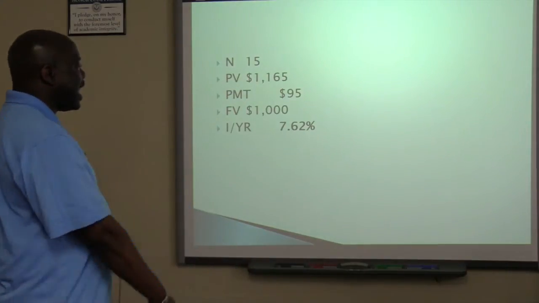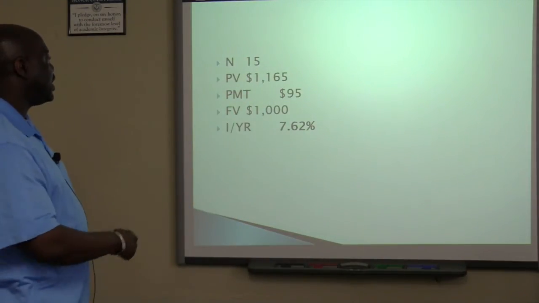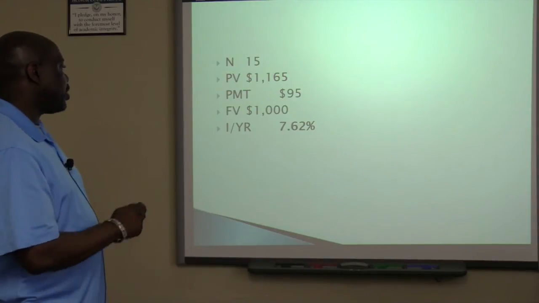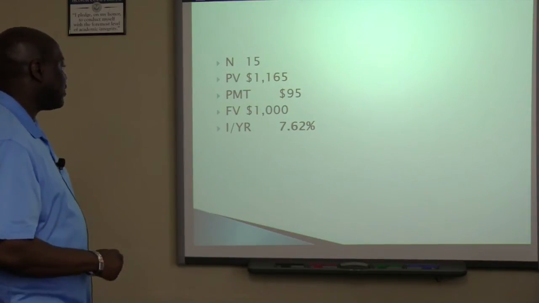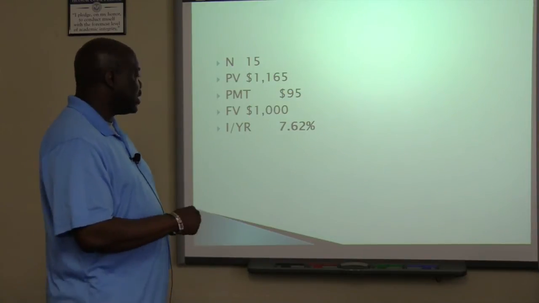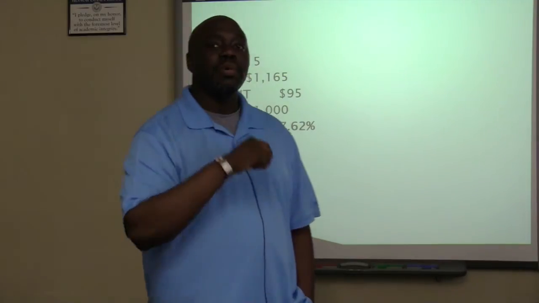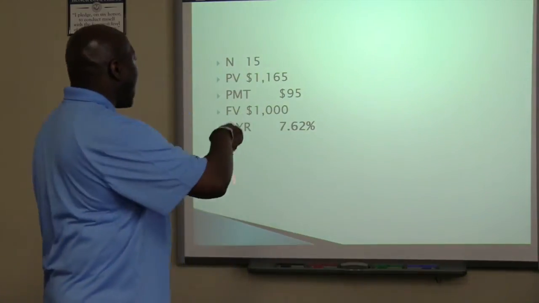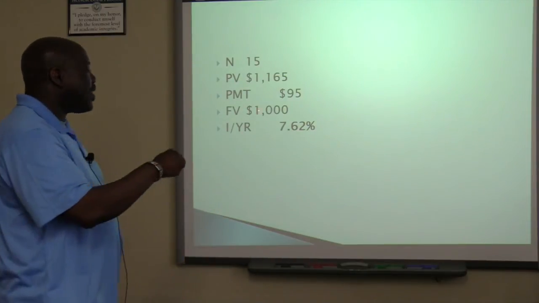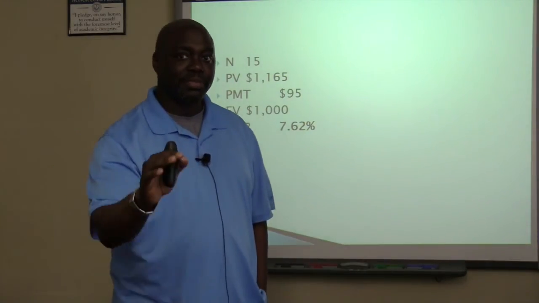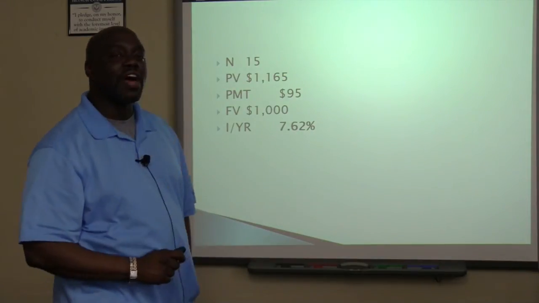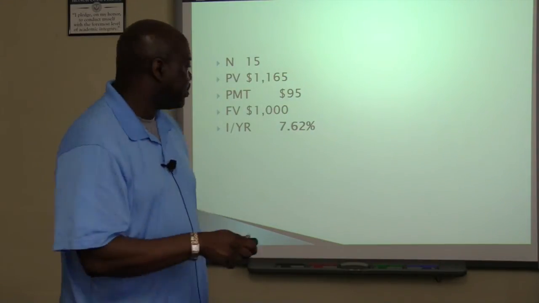You put everything in the handy dandy calculator again, where N is 15, present value is $1,165, payment is $95, future value is $1,000, and the IY, or interest rate, is 7.62. Remember your conversions. I do not have it on the screen, but you already know that payment and future value must have the same signs, and present value has to have the opposite sign of them.